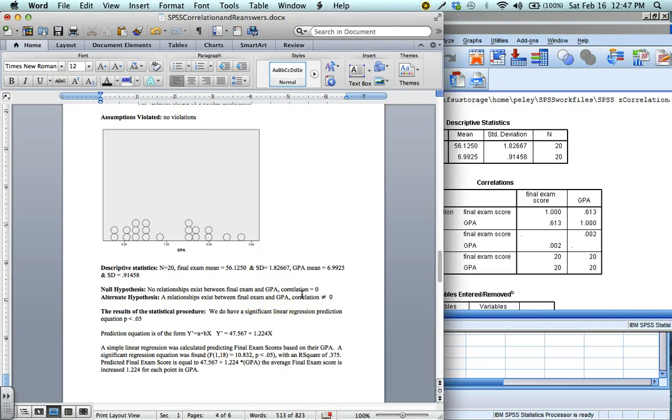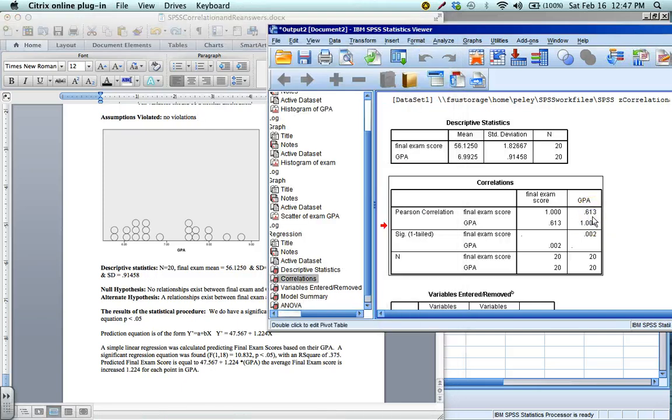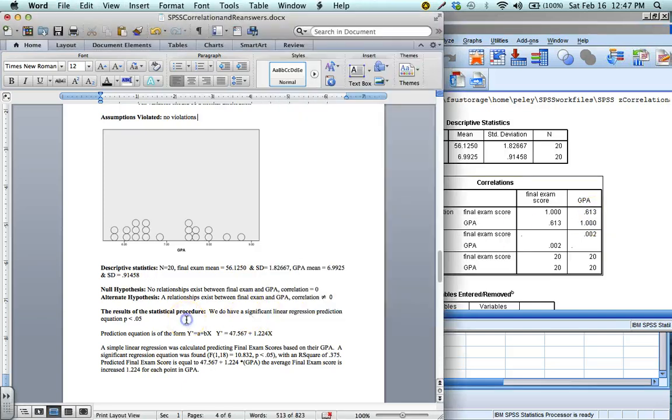We rejected that null hypothesis. We did not accept it. With rejection of the null, we assumed the alternate hypothesis, which says a relationship exists between final exam and GPA, so the correlation is not equal to 0. And clearly the correlation is not equal to 0 because we got the correlation to be 0.613, which is fairly good.